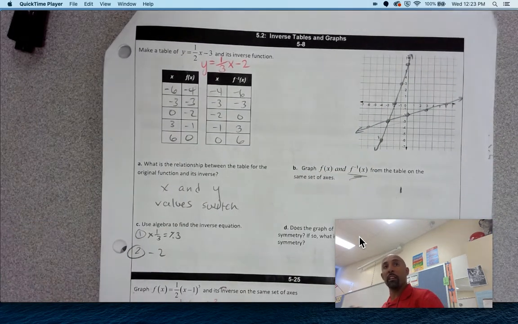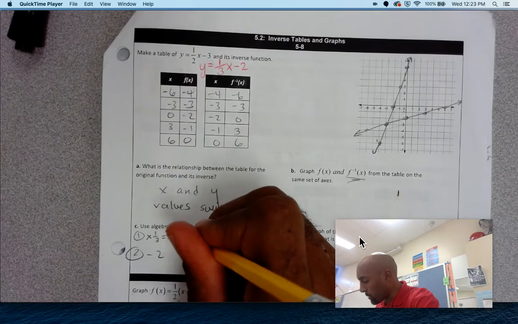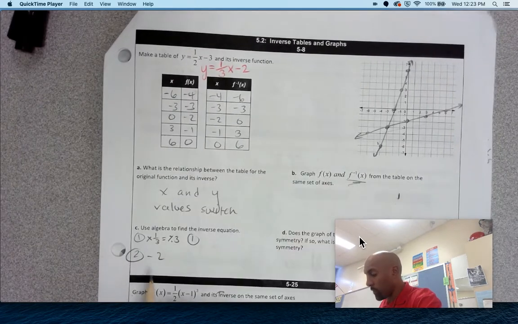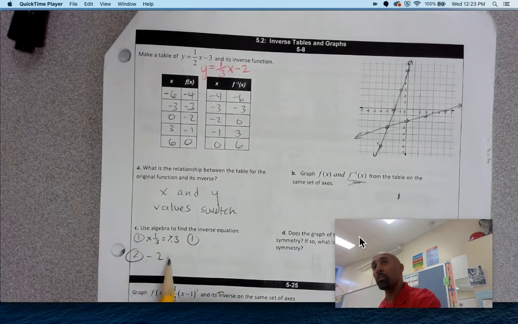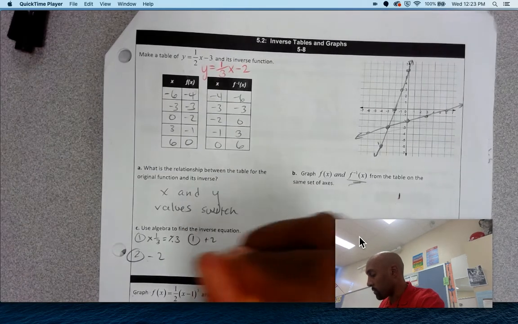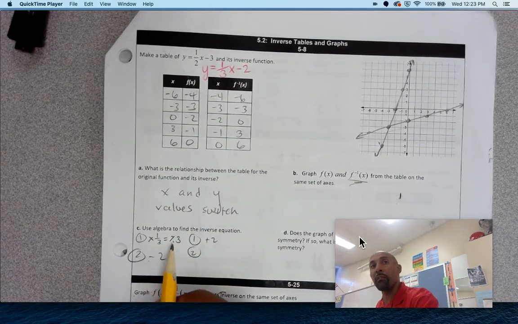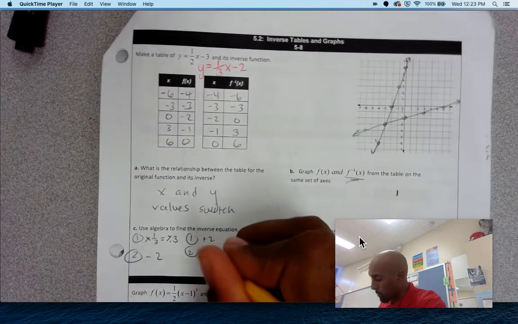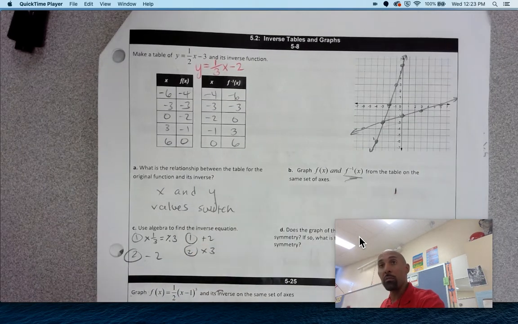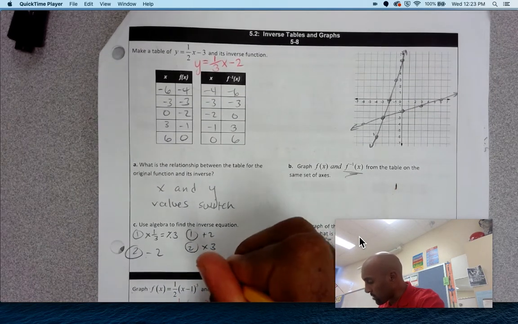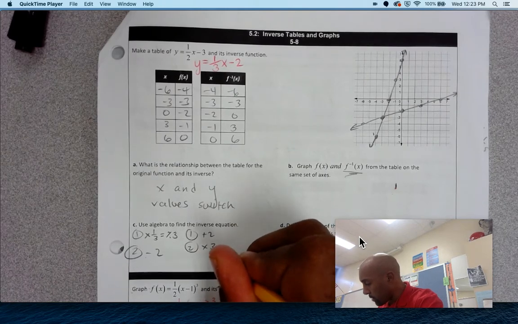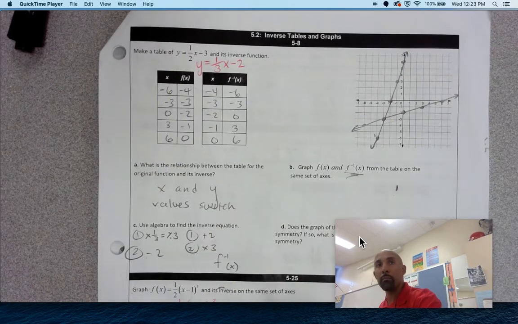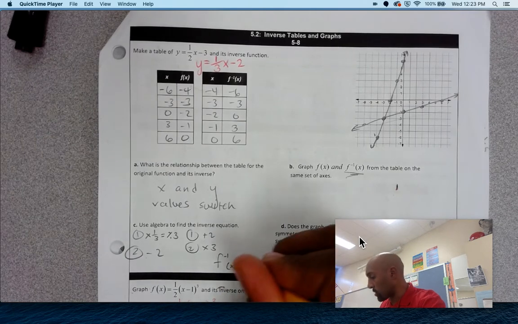Now when I want to find the inverse function, I do everything backwards and opposite. So first I start with this. If I subtract 2, inverse, add 2. If I divide by 3, inverse, I multiply by 3. So I use that to figure out my equation. Remember, start with f to the -1 of x, because that's the inverse notation.